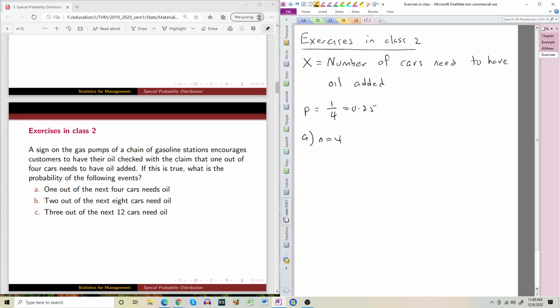Our n here is 4. Out of 4 cars, 1 needs to add oil. The probability of 1 car needing to add oil is 0.25, and 0.75 for the others. This is 1, this is 3. Answer is 0.4219.